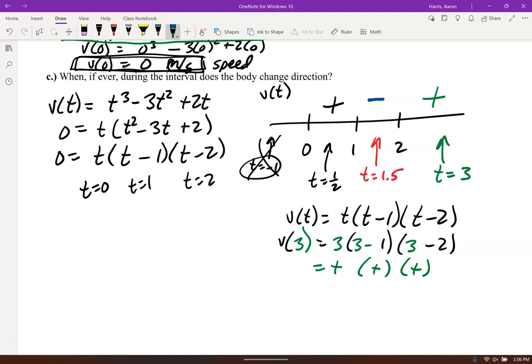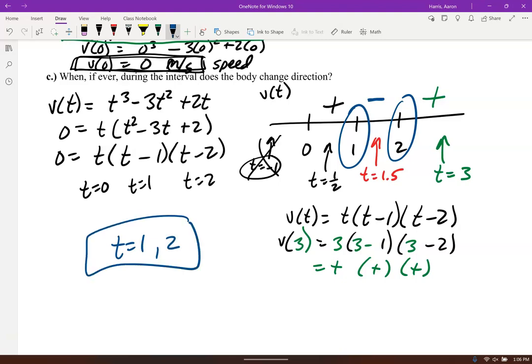But the velocity has to change direction, right? So it sure does change at 1 second, and it sure does change again at 2 seconds. But the signs have to change, right? So when does the body change direction? At 1 second and at 2 seconds. If this would have been like plus, plus, plus, then I would have said it never changes direction. It goes up, it stops, keeps going up, stops, keeps going up, right?